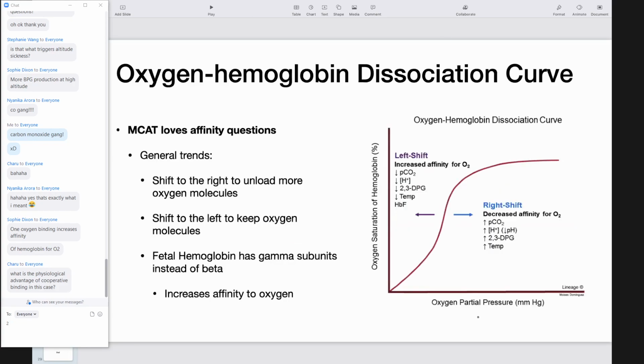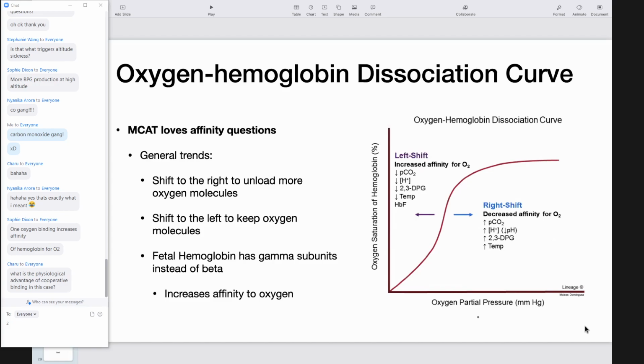So yeah, we can actually try to apply this a little bit more, this is the hardest slide of today, I promise. Okay, oxygen hemoglobin dissociation curve. Let's actually apply what the change in affinity actually does. As we see on the graph here on our right, we have the oxygen partial pressure. Partial pressure of oxygen just means the concentration.